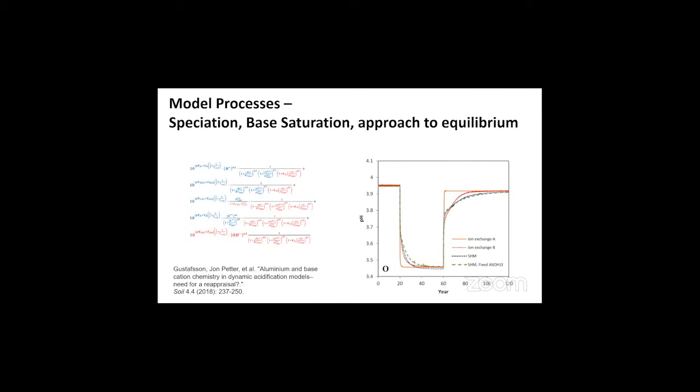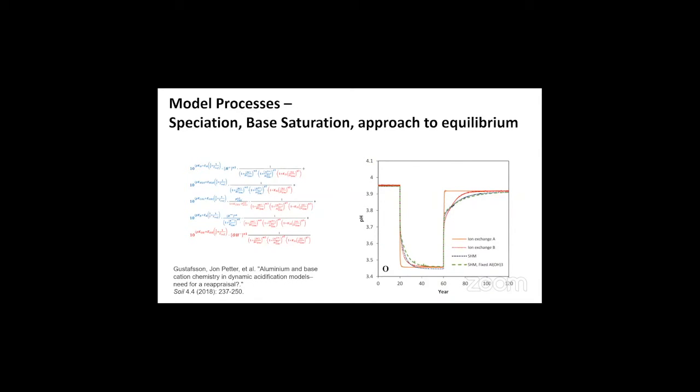Then there was the detailed look at model processes. The PROFILE modeling platform doesn't use the absolute state-of-the-art descriptions of base cations or aluminum binding reactions, so they were compared with this HD-MINTEQ model. They found there were differences between the more sophisticated model and what was in PROFILE, but the differences were usually relatively minor, although the pre-industrial concentration of adsorbed base cations is overestimated when using the PROFILE set of models.